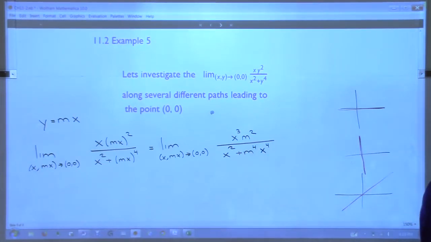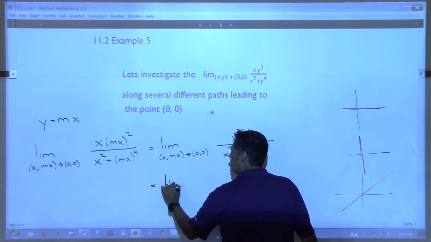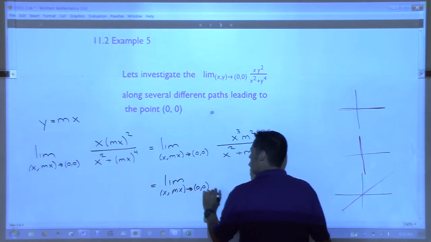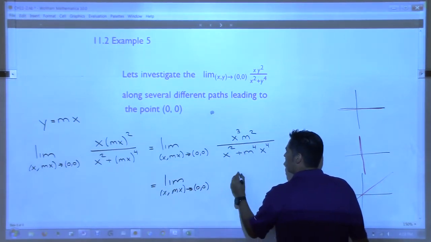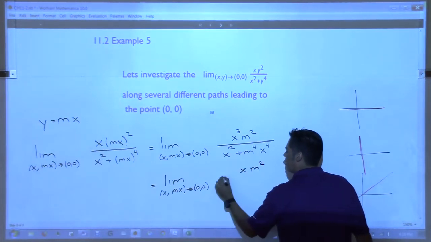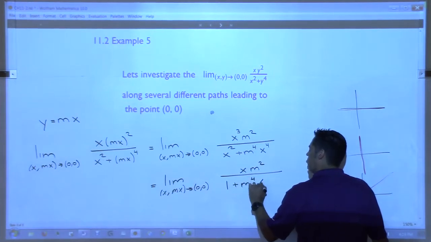Can we do that same thing we did a second ago, where we pull an x squared out? So this will be equal to the limit as (x, mx) goes to (0, 0) of x m squared over 1 plus m to the 4th x squared.